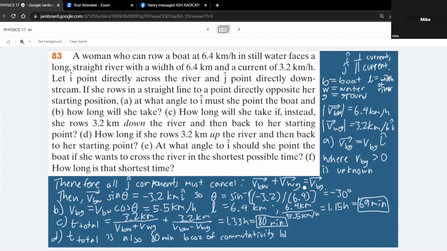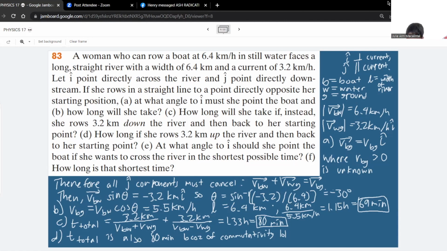I know where it's going. The problem is, first, why is your sign negative, when we're expecting that it should be pointing 30 degrees upwards, right? 30 degrees, yeah.